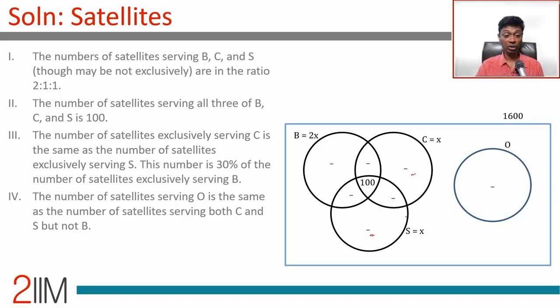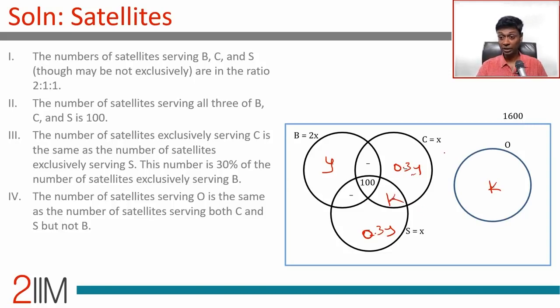There's 30% of the number of satellites exclusively serving B. Where this is Y, this is 0.3Y, this is 0.3Y. The number of satellites serving O is the same as the number of satellites serving both C and S, but not B. So this number, C and S but not B, is equal to this number. If we put this as some K, this will also be K.